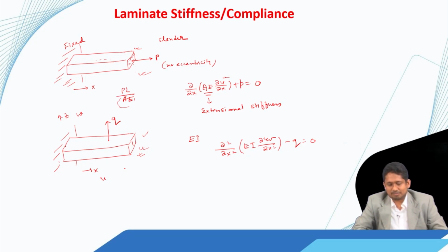So, in case of laminates, our laminates are also very thin. So, instead of going for full 3 dimension solutions of the deformation, we often go for a 2 dimensionalized version of the problem. Now, to do that, to reduce the model, we need to define similar stiffness terms for the laminates.